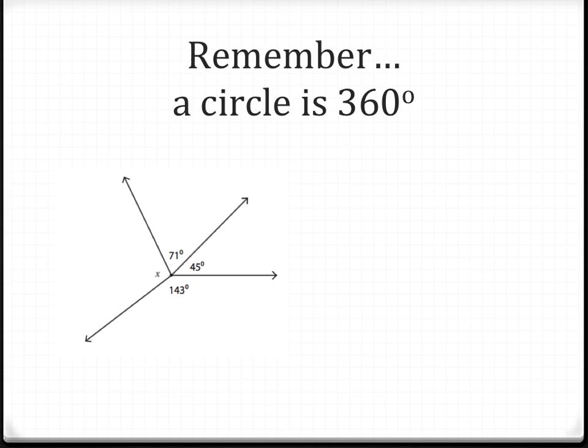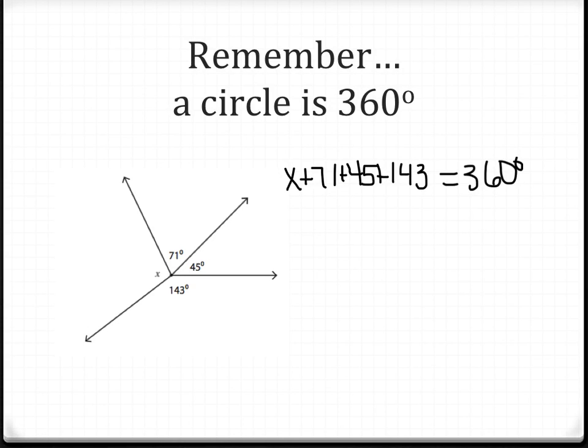Also remember that a circle is 360 degrees. Can you write an equation with 360 as the answer? Give it a try. There's lots of answer choices you could write. You could say x plus 71 plus 45 plus 143 equals 360.